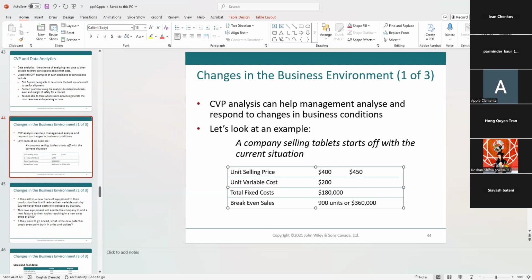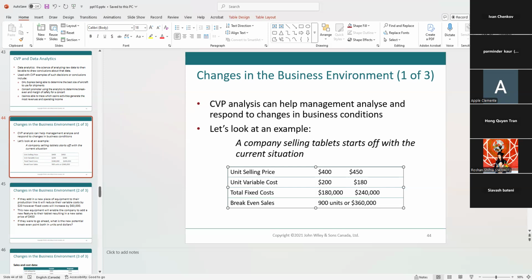Yes, we're reducing the variable cost to 180. But the fixed cost is going to go up. How much will be the new fixed cost? 240,000. Correct? Yeah.